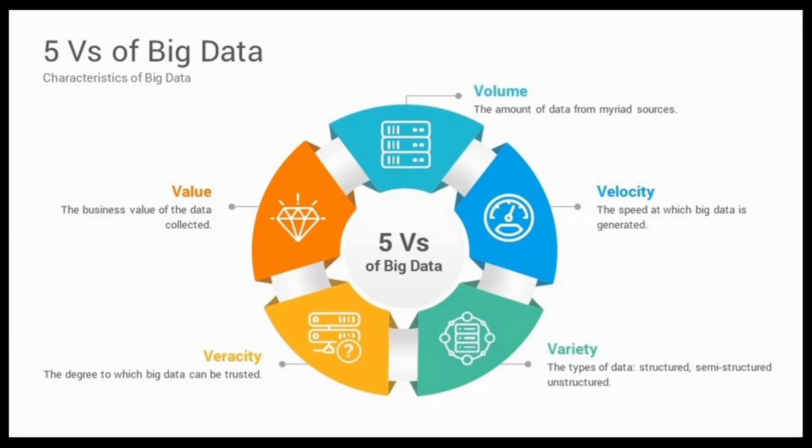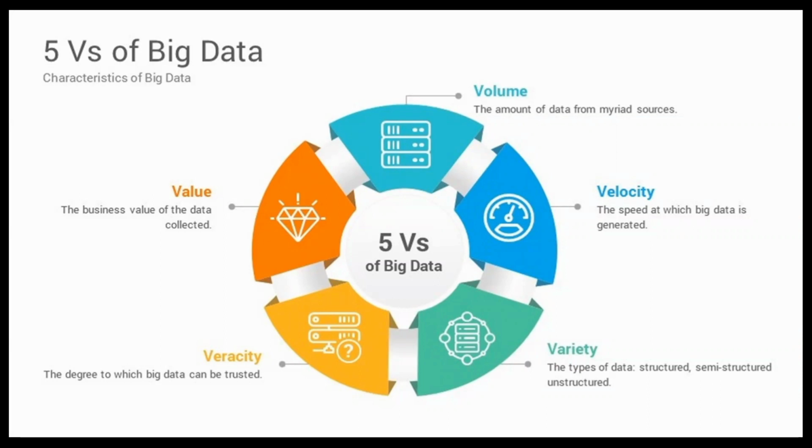Variety. There are different types of varieties: structured, semi-structured, and unstructured data. Structured is something like RDBMS data, which you normally see if you are familiar with Oracle or MySQL. RDBMS is relational database management system data.